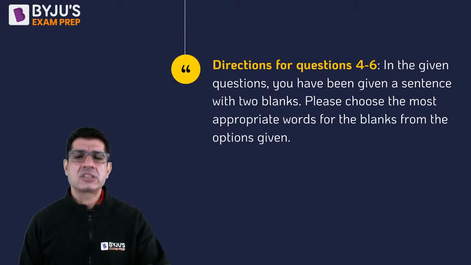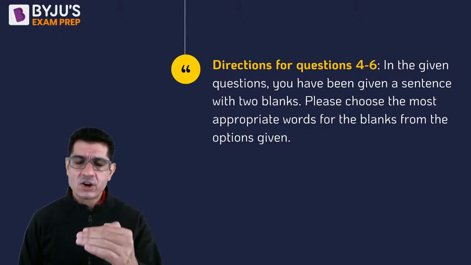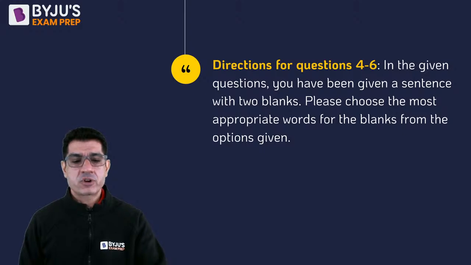So the next three are fill in the blanks. You'd find a sentence with 2 blanks. You need to look at the options and choose the best one for that blank. So here you go.